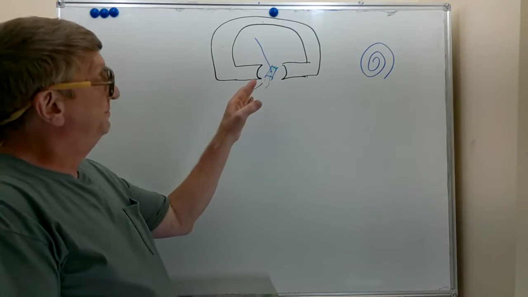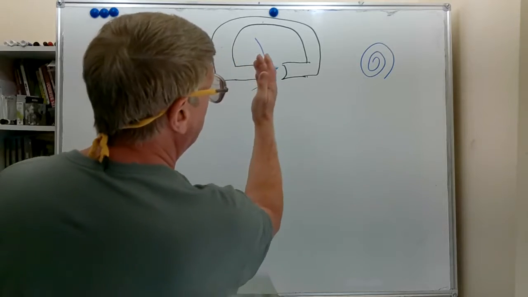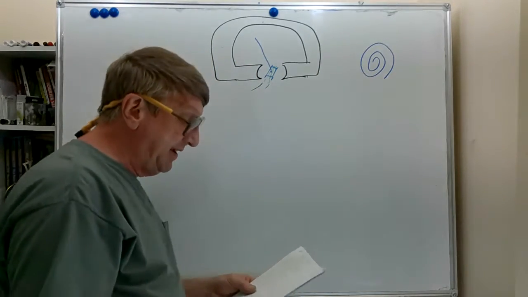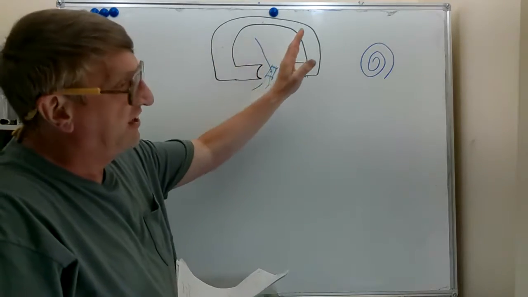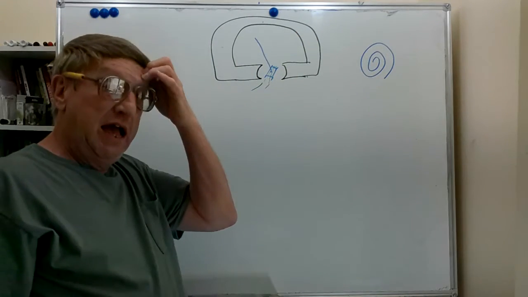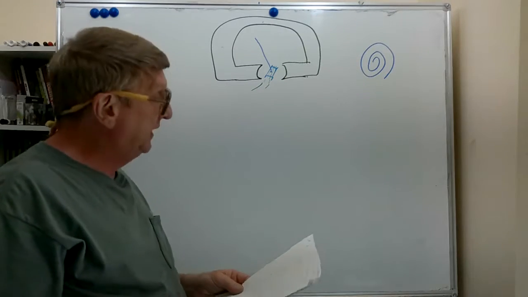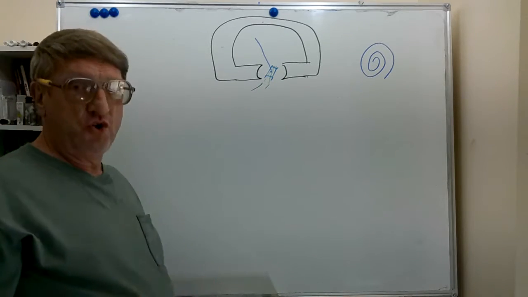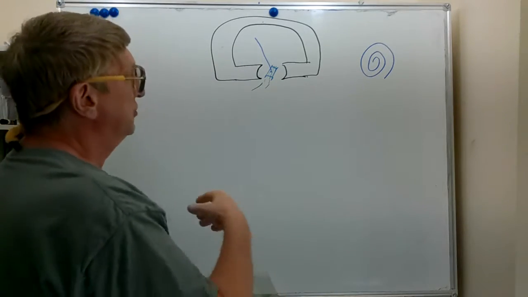When we put current through that coil, it creates a torque that moves and wraps against this spring. So this gives us an indication on the scale of the meter as to how much current is going through that meter. And that movement will be proportional to the amount of current.